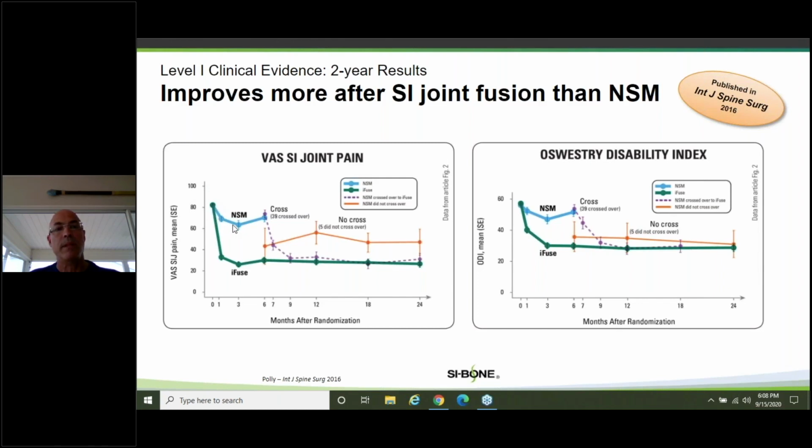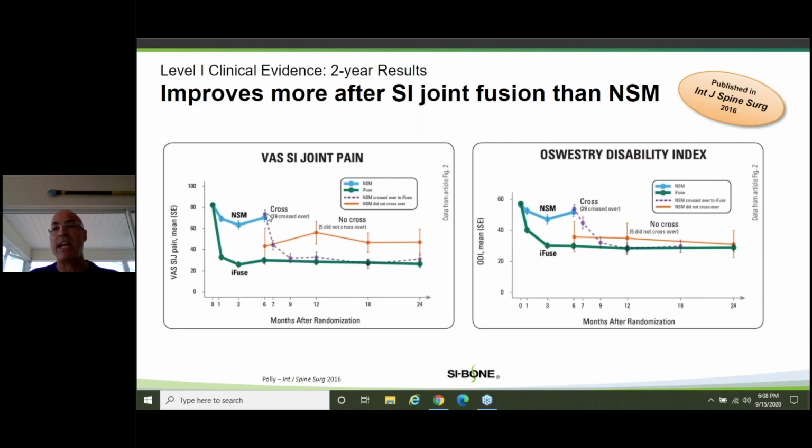Non-surgical treatment, that line doesn't really budge much. It kind of stays up here. So we're hovering between the worst pain ever, 10 out of 10, to a 6 or a 7. That's very difficult to live with. And here with the iFuse implant, you get down to 2 to 3.